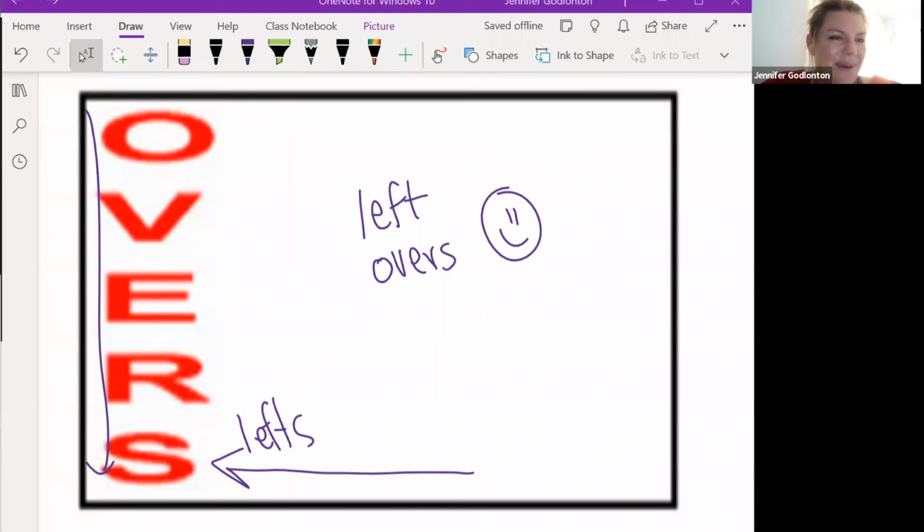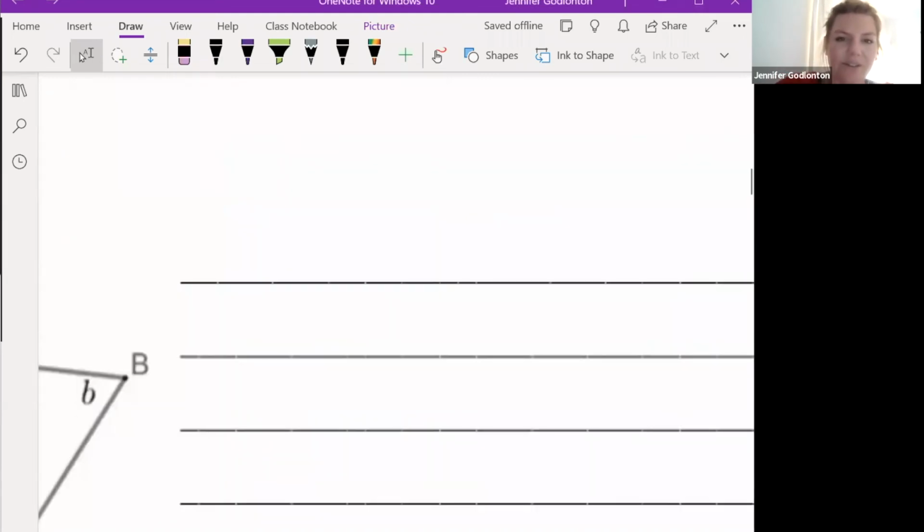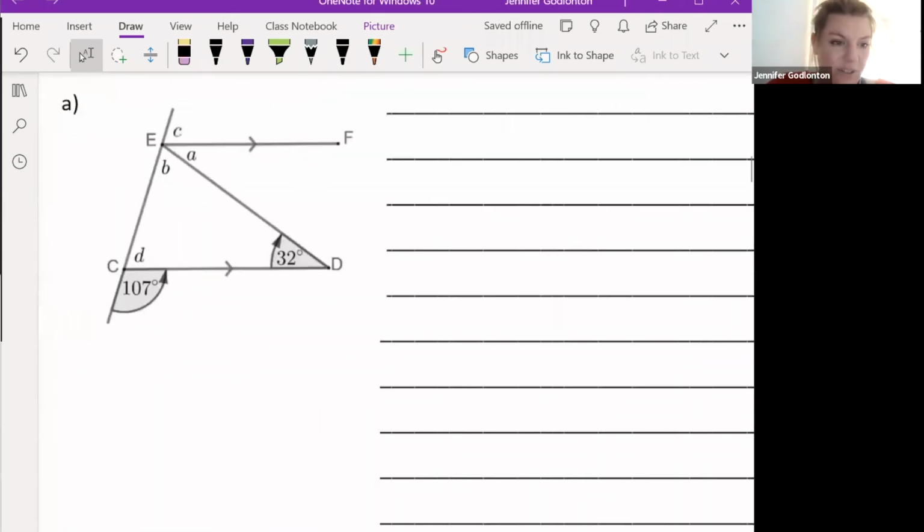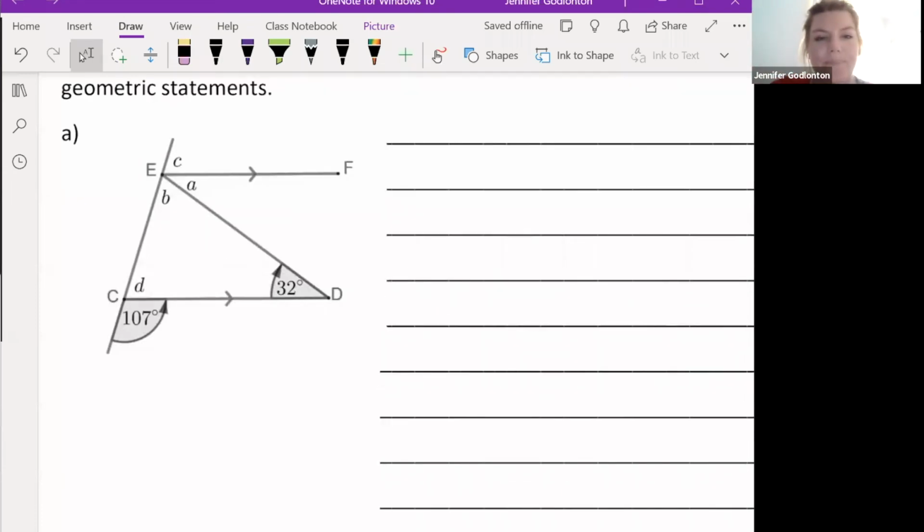Let's jump back into some maths, guys. We are now going to bring together all of that information that we have just learned, because we've just done a lot of information. We're going to look at a question like this. In this question, I need to find A, B, C, and D. You do not have to find them in alphabetical order.